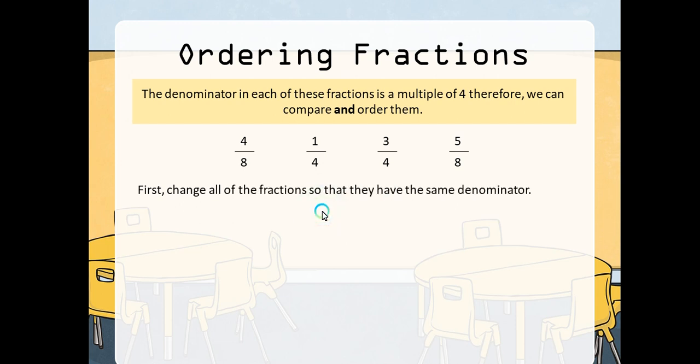What can we multiply by 4 that can give us 8? Yes, it is 2. And don't forget, when we multiply down by 2, we multiply up by 2. Here we already have 8, so we don't need to multiply. Here we're going to multiply, here we're going to multiply, and here we don't need to multiply.